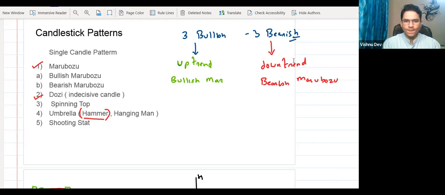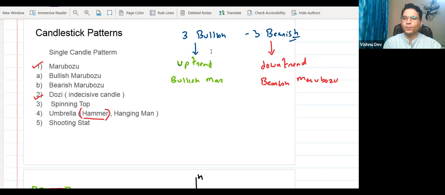Madhur, how can you identify that a candlestick is a Marubozu candlestick? Sir, it has the same opening and closing price.